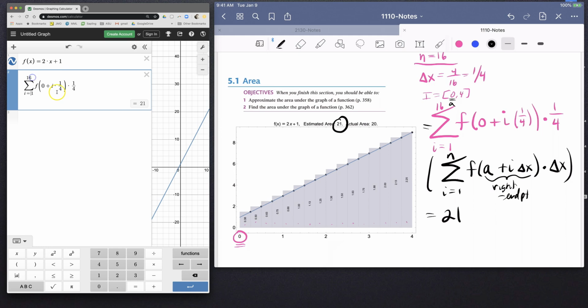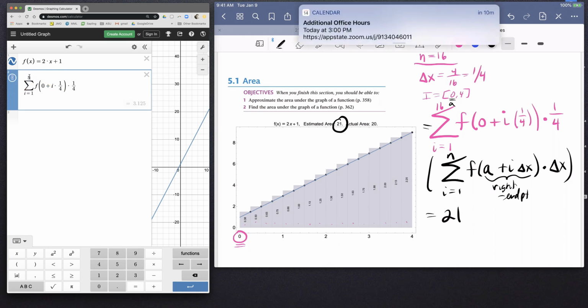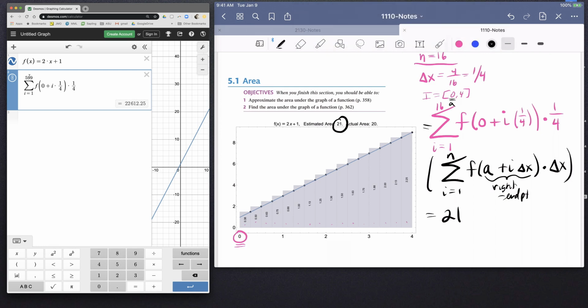And for example, the cool thing here is that if you wanted to use like 500 rectangles, you could say that i would go from 1 to 500. Delta x would be 4 divided by 500, since the interval width is 4.